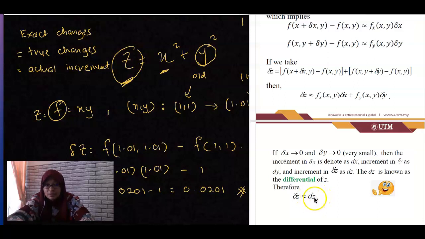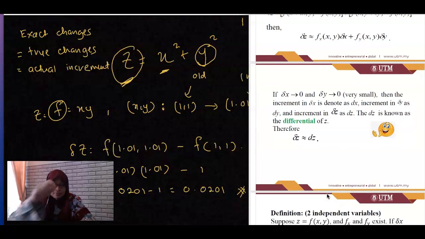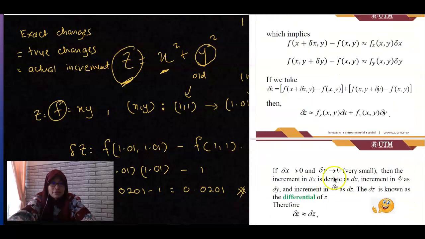Okay, so differential of z is called total differential. What I want to say here is the true change of z can be approximated by the total differential of z. So what is the formula of dz? The formula of dz you can obtain from this one, where you just change the delta to be d. dz is equal to fx dx plus fy dy.